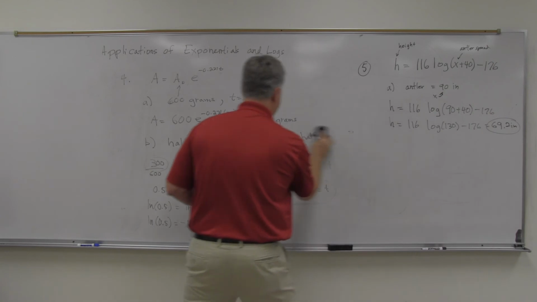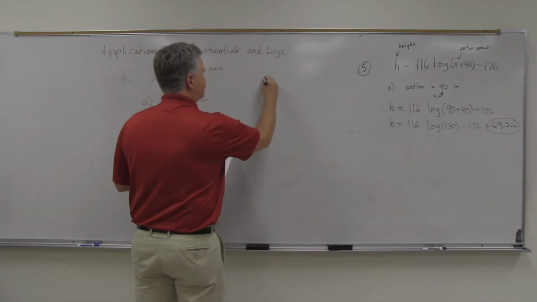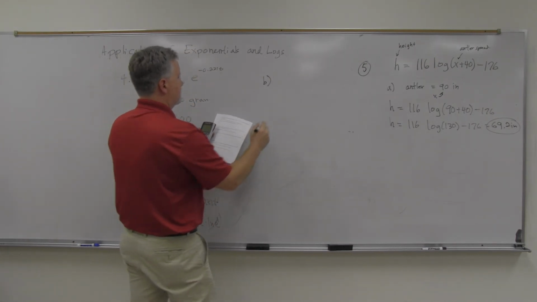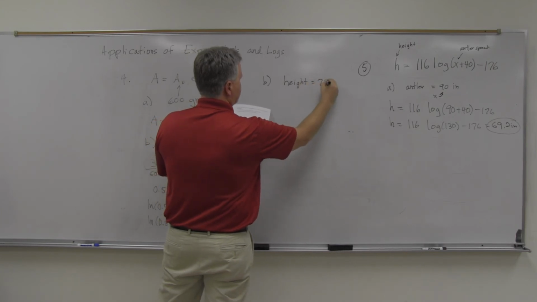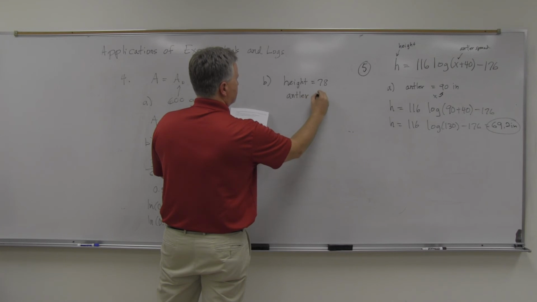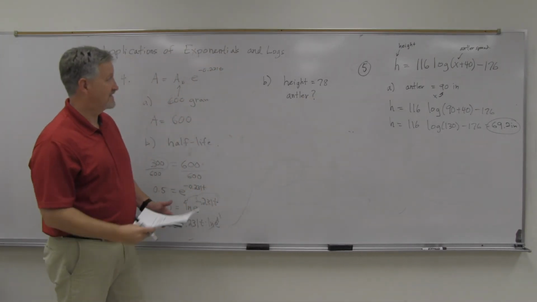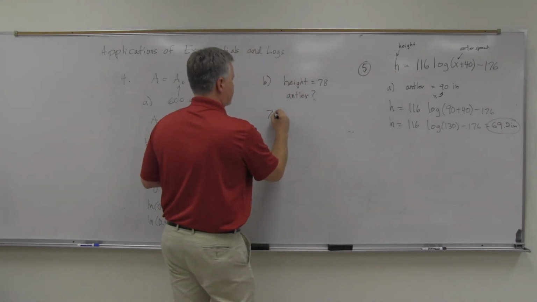B, though, a little different story. Find, if the shoulder height is 78 inches, what's the antler spread? Well, in this case, what are we given? That's the h. So we've got h is 78.